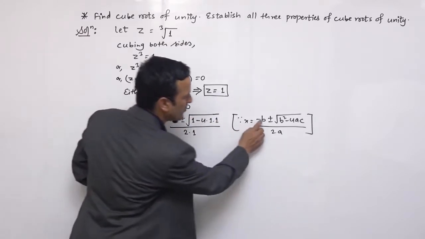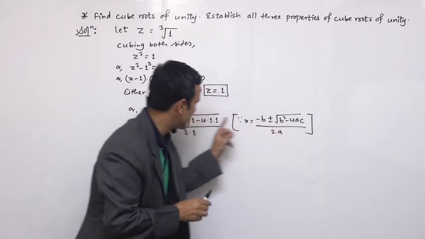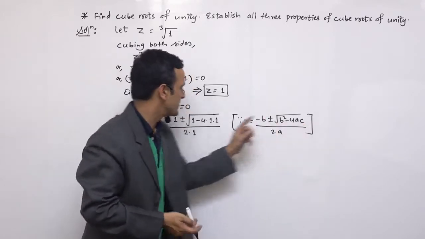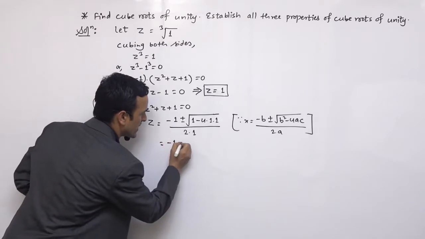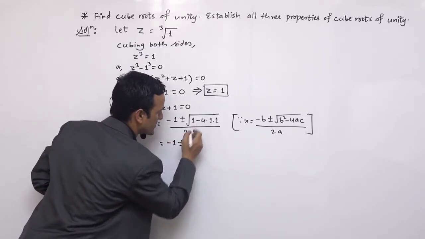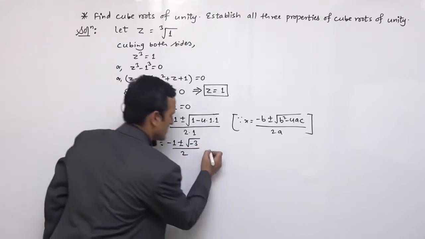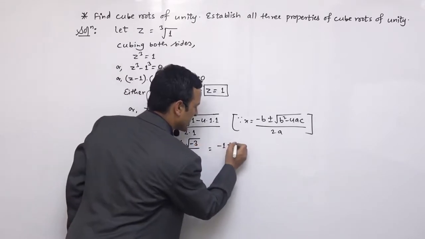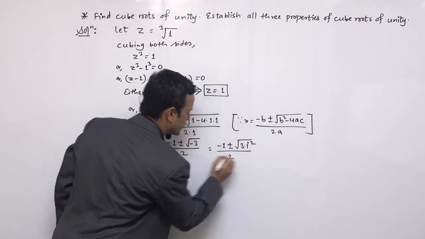So write down the value: minus B, B means 1, plus minus B square means here is 1 square means 1, and 4AC means 4 into 1 into 1. So we get minus 1 plus minus root under 1 minus 4, means root under minus 3, divided by 2. Now minus 1 we can write like this: root under 3 into i square divided by 2.